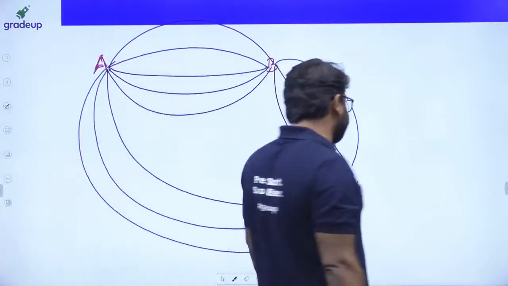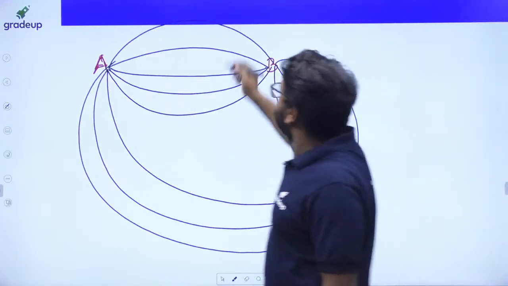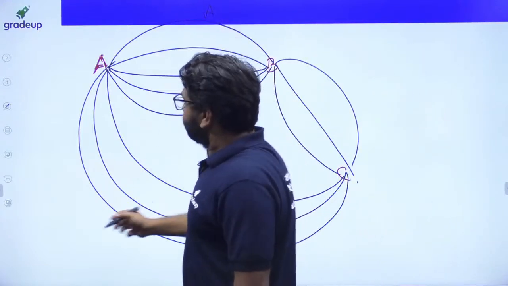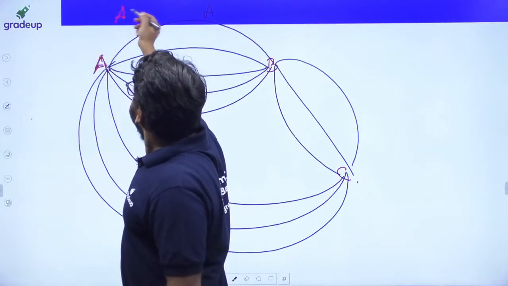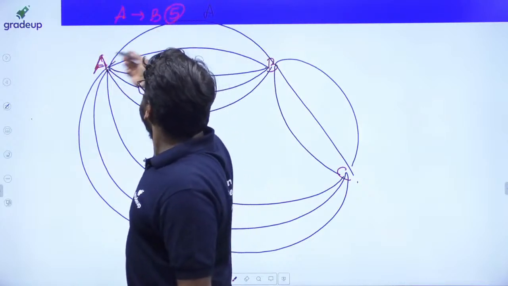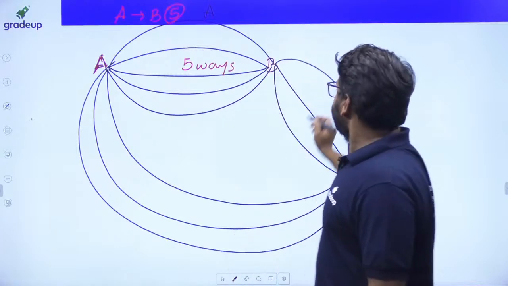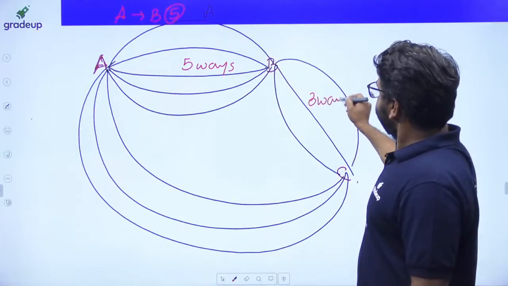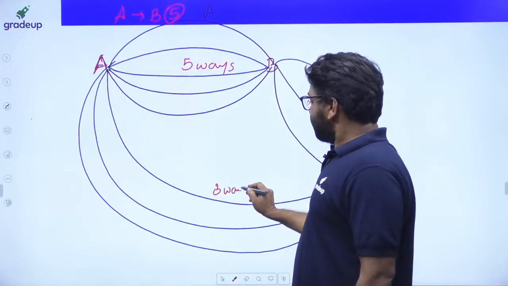Let's consider this is one particular example. So from A to B, 5 ways, from B to C 3 ways, and then from A to C 3 ways.